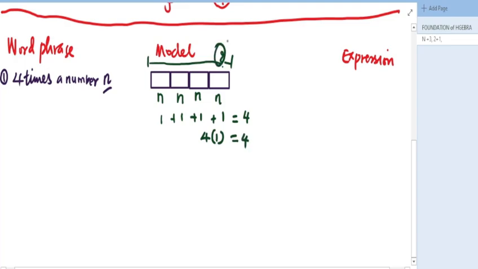So this place is going to be the answer we are looking for. This n is our variable in this case. Okay, so this is the word phrase, and this is the model. And what's going to be the expression? The expression is going to be, we can write it as 4 times n.